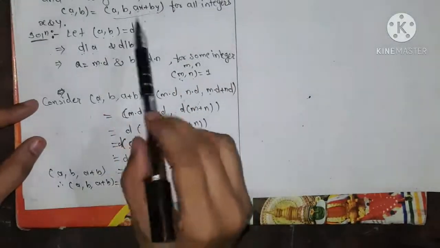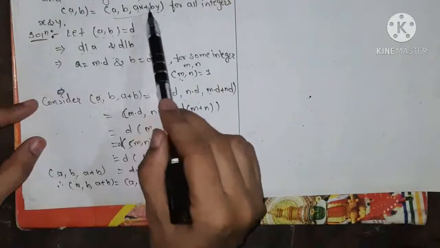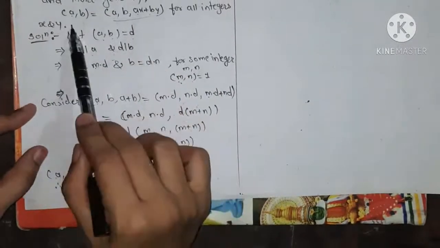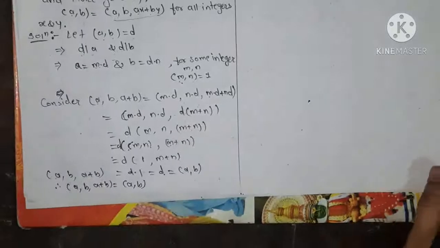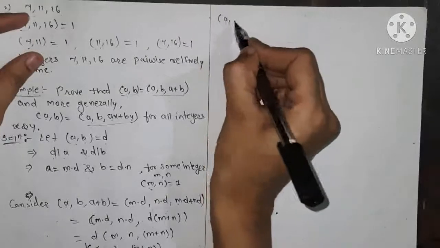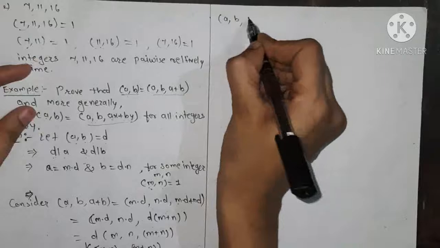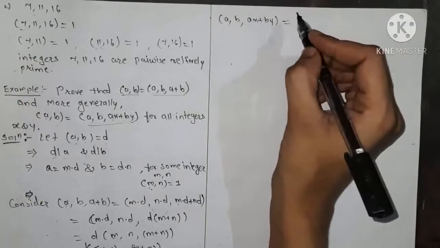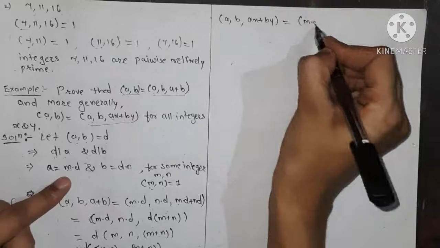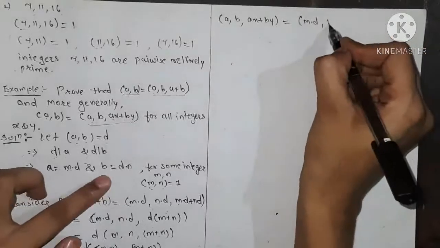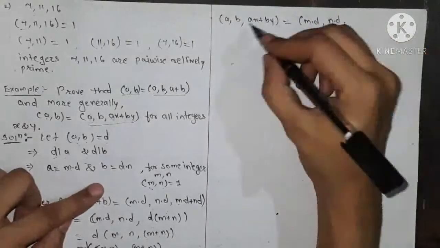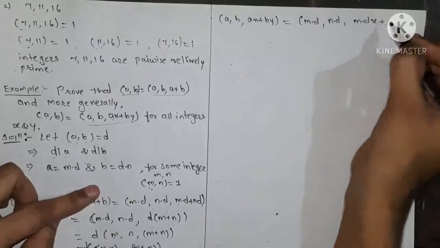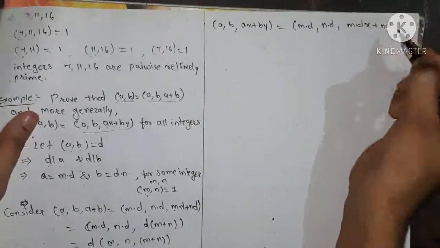Now to prove the general part, that is, if we consider the combination ax plus by, we take this and prove that this GCD comes out to be the GCD of a, b. So let the GCD of a, b, ax plus by equal, as a equals m into d, b equals n into d, and ax plus by is m into d into x plus n into d into y.